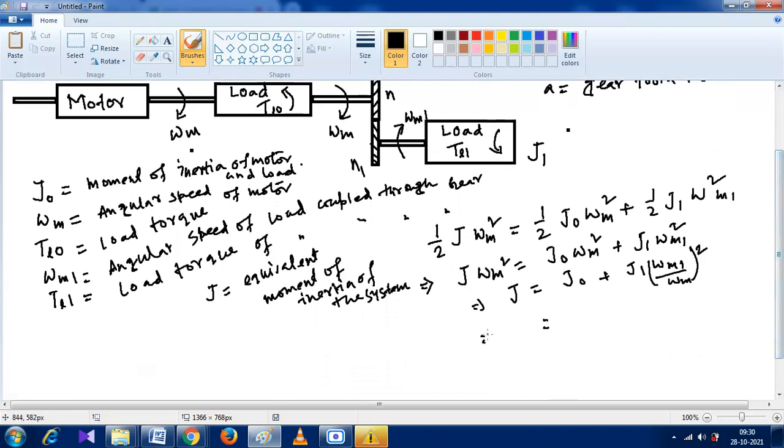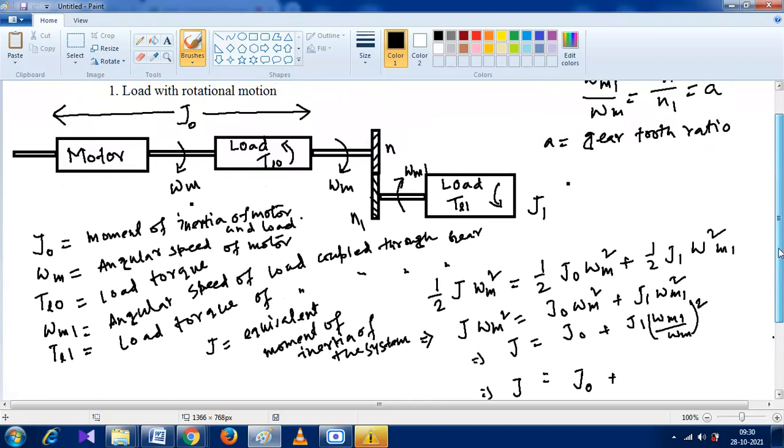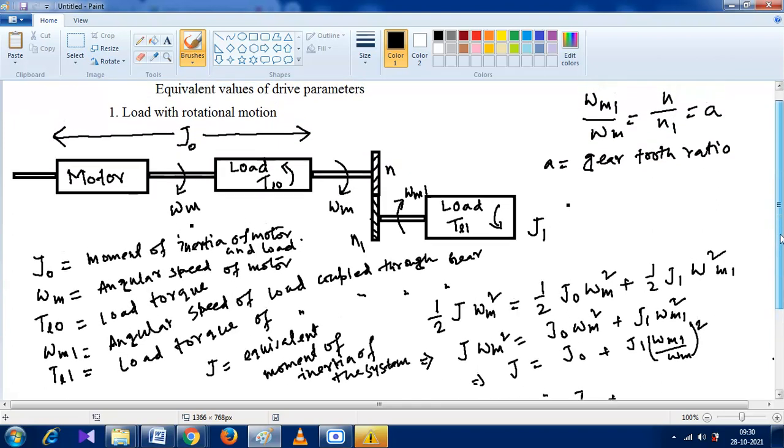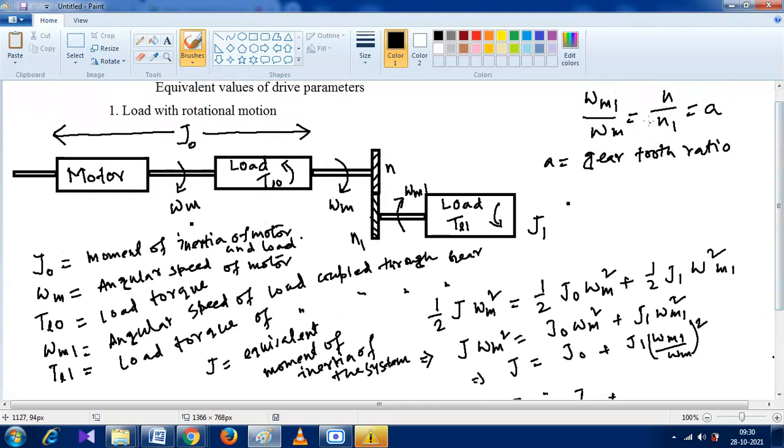Then we can write J is equal to J0 plus, what is the value of omega m1 by omega m?